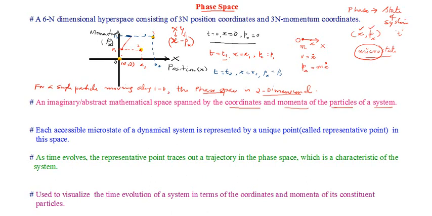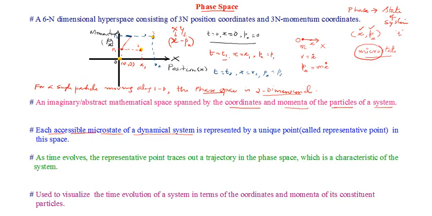Okay, so you can see that here, you can see the third point what I have just added here. Each accessible microstate of a dynamical system. What is my dynamical system? A system which can change. Okay, a system which is not at rest, for the simplest case.